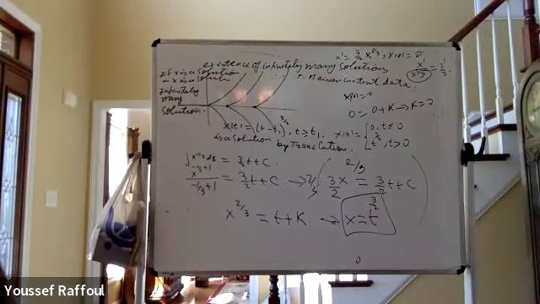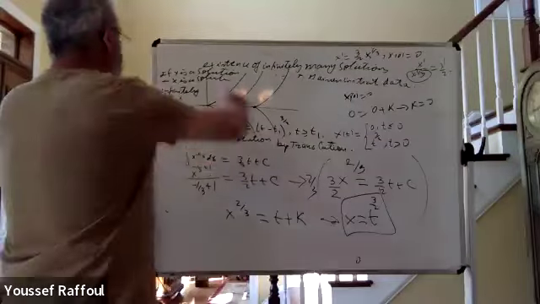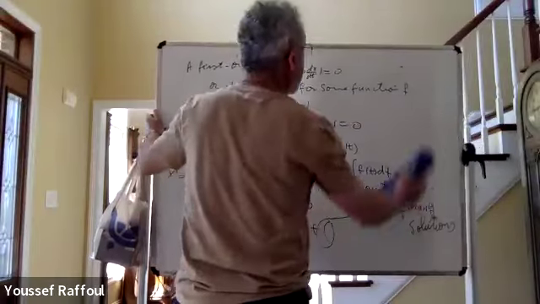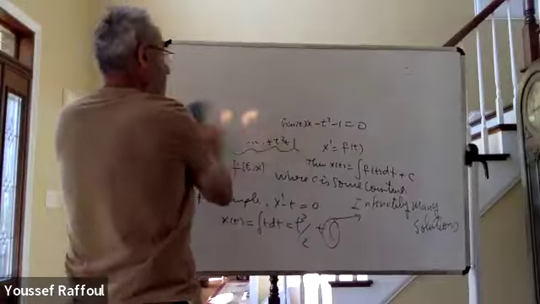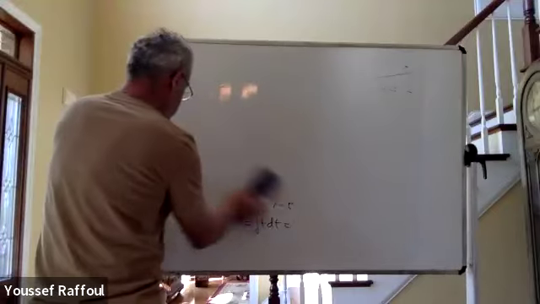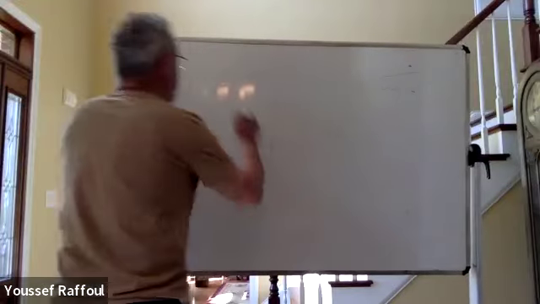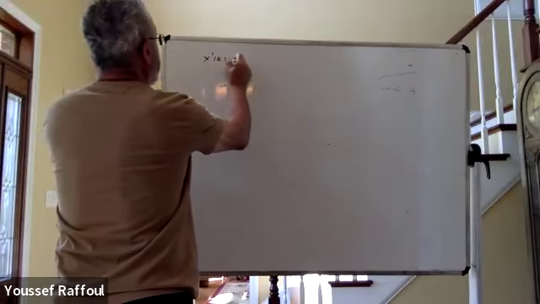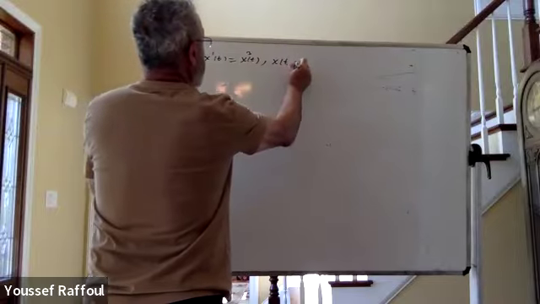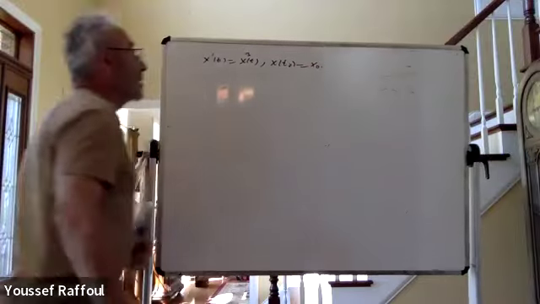And another breakdown is, if I have x prime equal x cubed, let's take another example: x prime of t equal x cubed of t with x of t naught equal x naught.